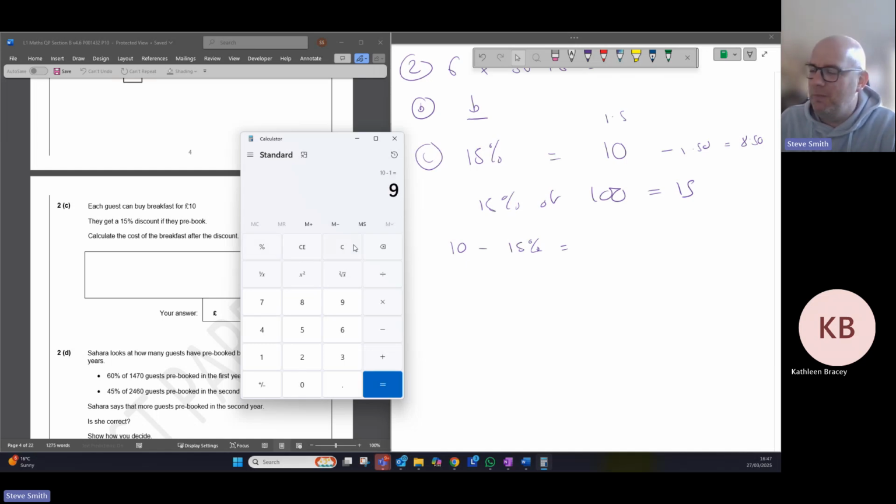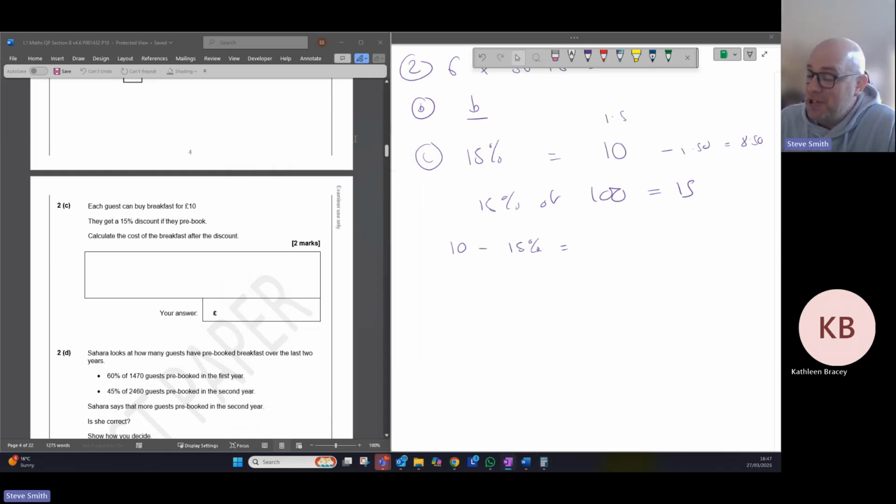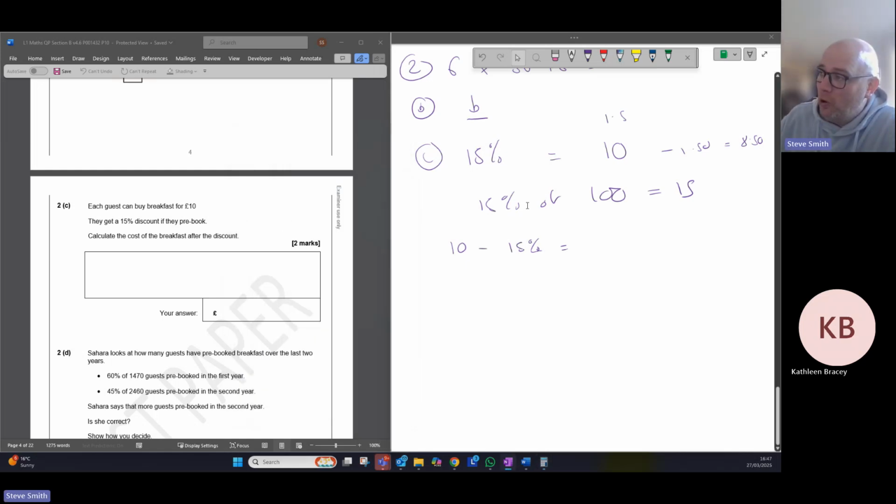I took away 10%. I'm thinking, my breakfast is going up. It's 15%. Oh gosh, my breakfast has gone up in price already. 10 take away 15% equals £8.50. So we followed exactly what it says and punched those numbers into the calculator. And that's the second way to do it. On a calculator, you've still got £8.50.